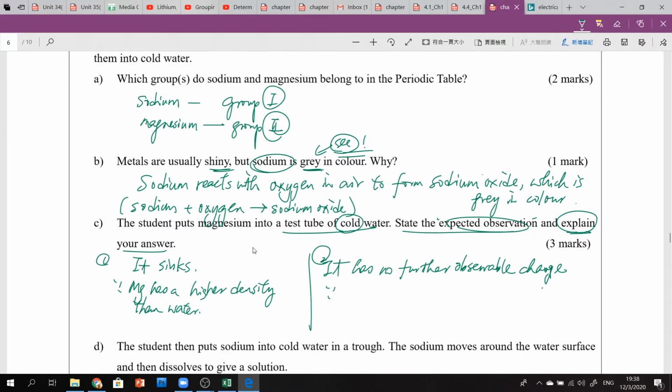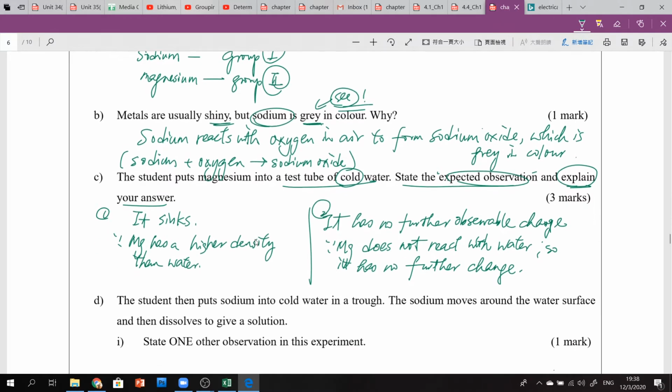Because magnesium does not react with water. So it has no further change.